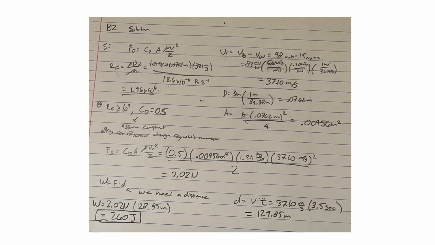And then with that CD, we have that drag coefficient, we have all our variables defined, and we can find the force. And then we know the definition of work is force times distance. So by finding the distance the ball travels in that time period, we can find the total work done on the ball over that time and force.